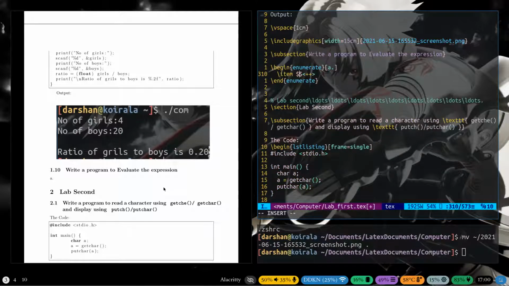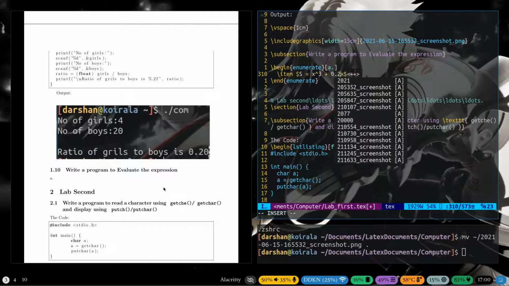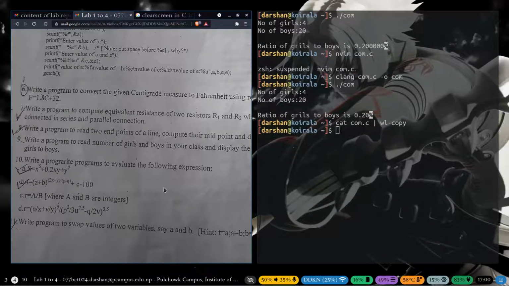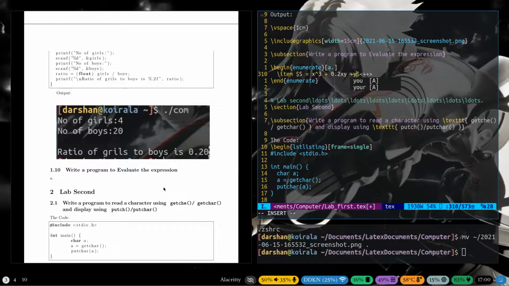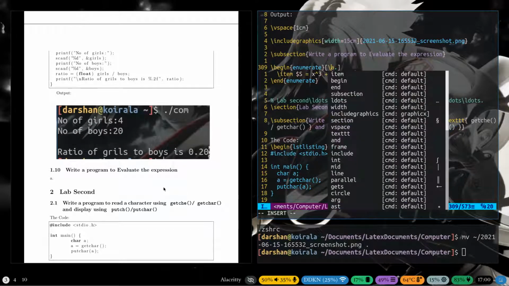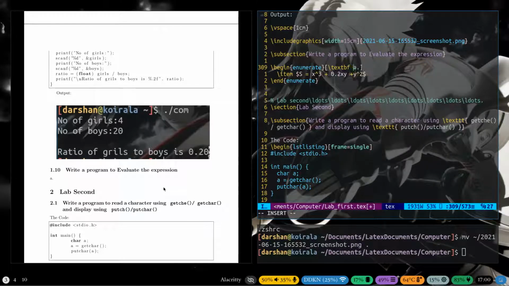I think s is equal to x cubed plus 0.2 xy plus y squared, right? So that's it. I think I should text bf this thing. Okay.